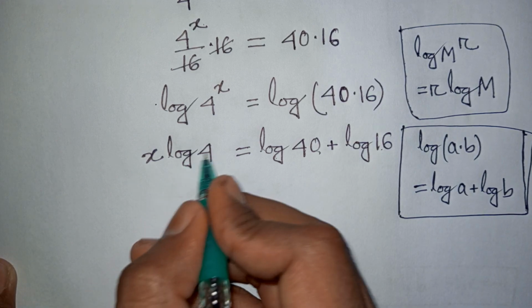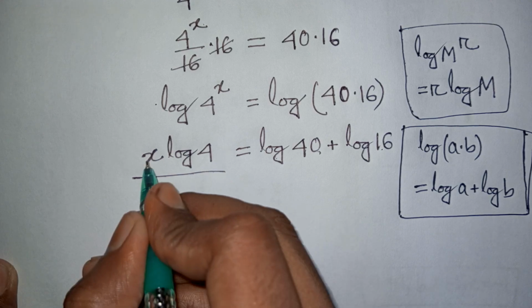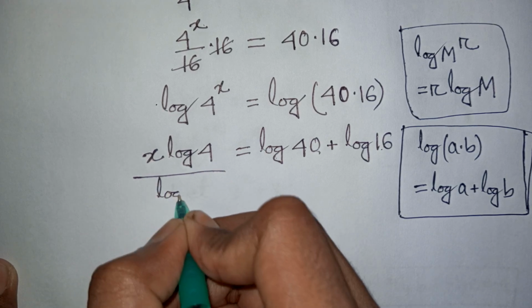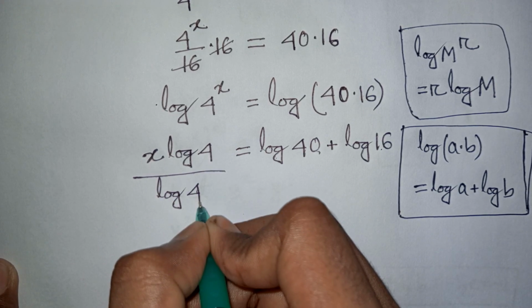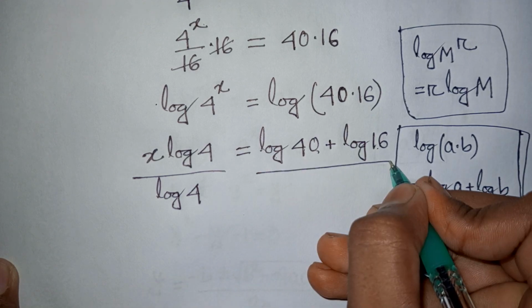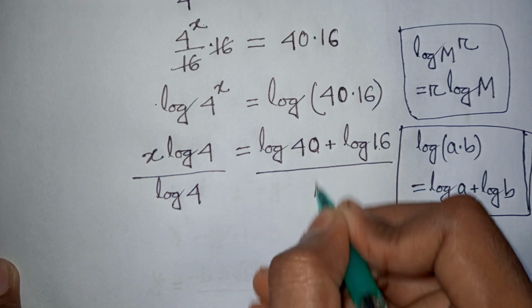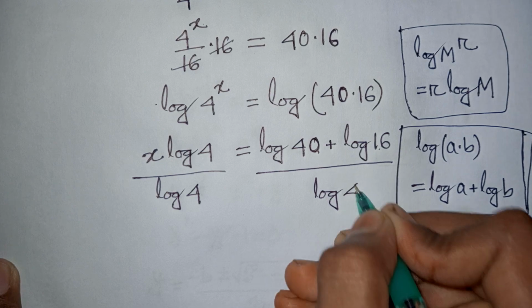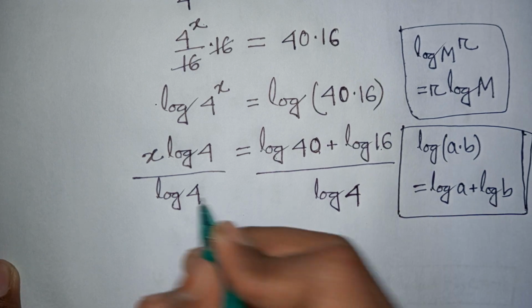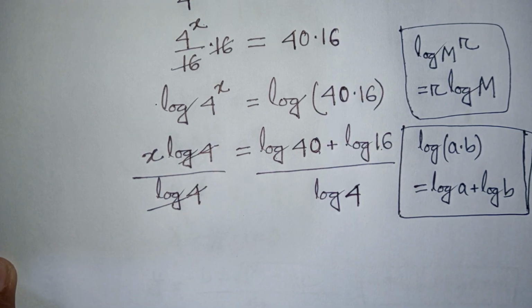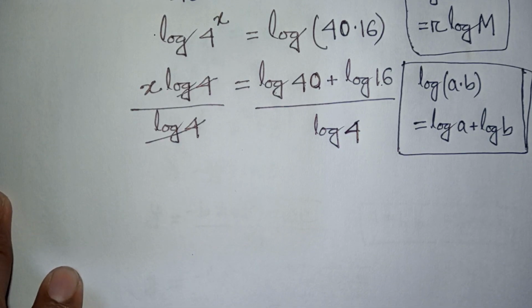Now we divide by log 4 on both sides because we need the value of x. So this log 4 will be cancelled.